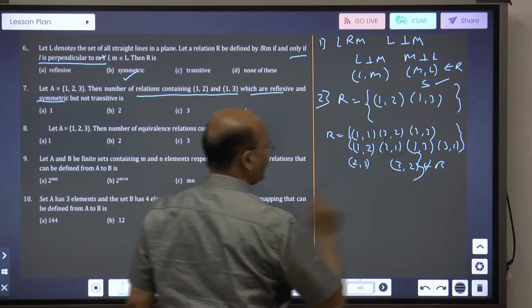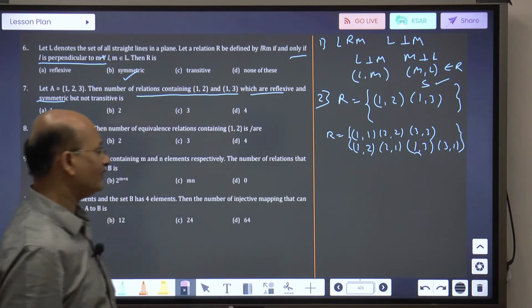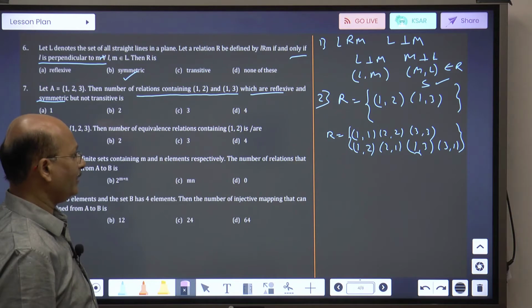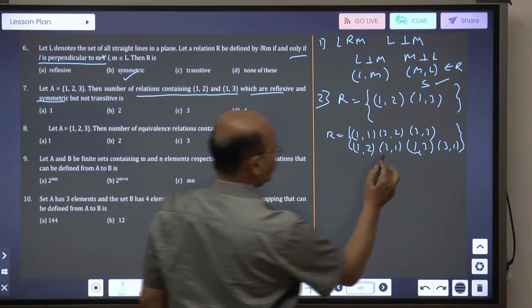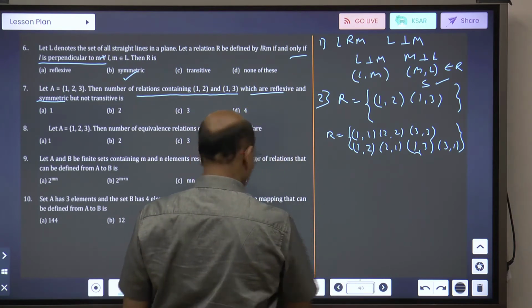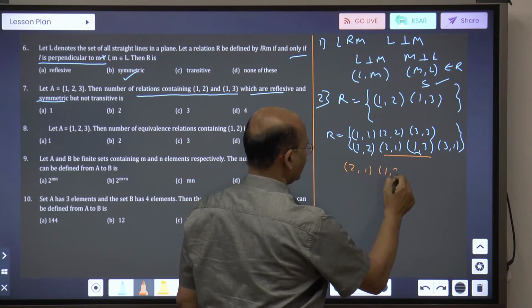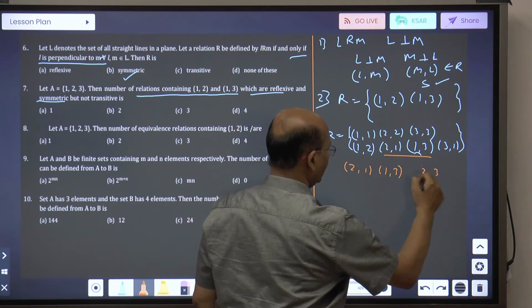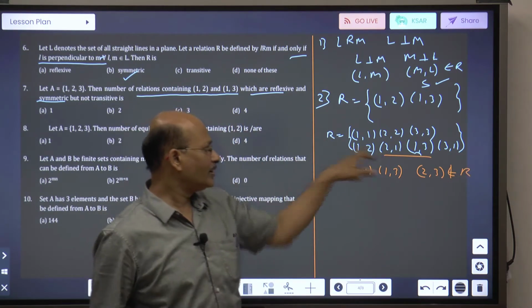So one of the pairs will not exist here. Look at (2, 1) and (1, 3): (2, 1) is there, (1, 3) is there, but (2, 3) does not belong to R. That means this is not transitive.